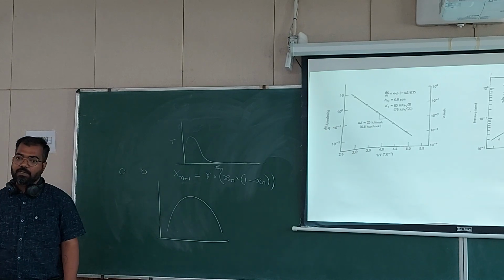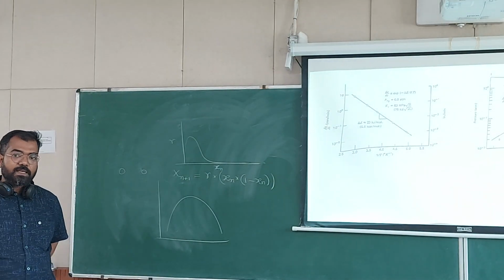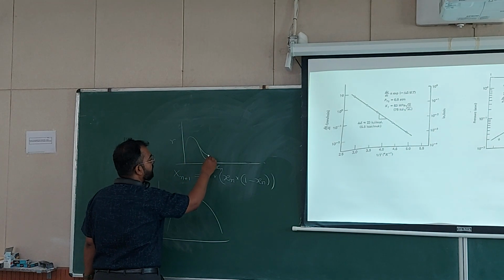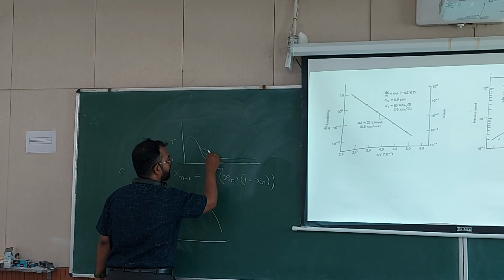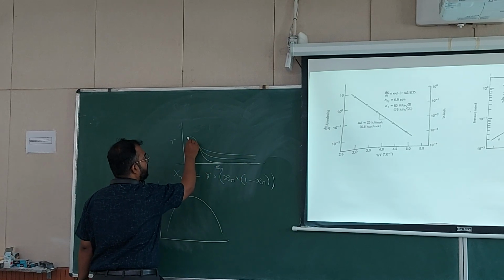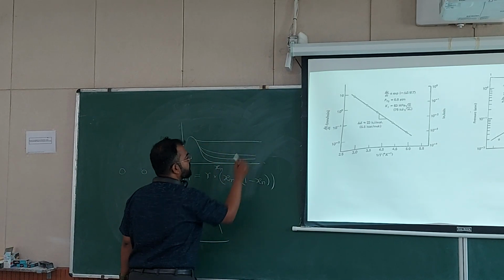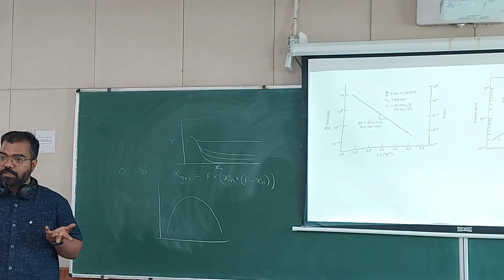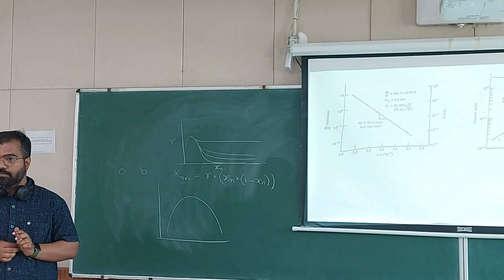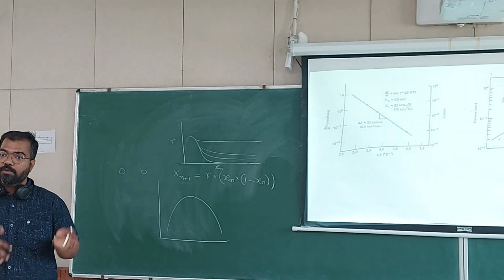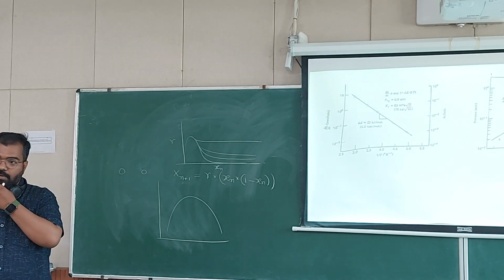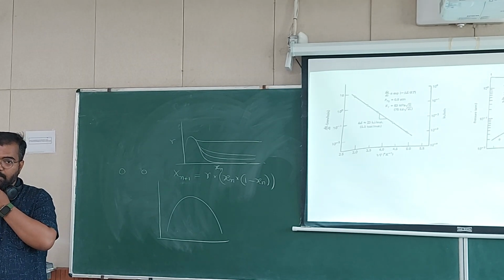If you increase the value of r, in that case also you will have similar phenomena, but then the curve will come up a little bit, and for some values of r, it will become stable. It will not change. It will not decrease. It will obtain an equilibrium. Okay? Is this okay?